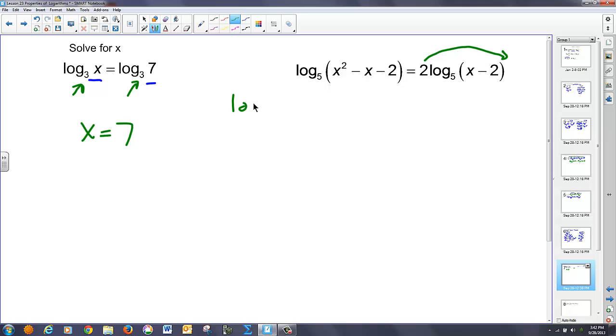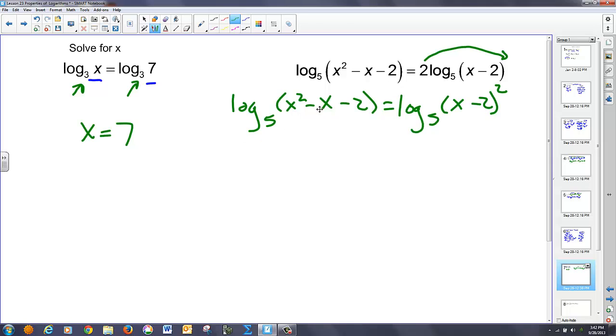So I have the log base 5 of x squared minus x minus 2 equaling the log base 5 of the quantity x minus 2, squared.